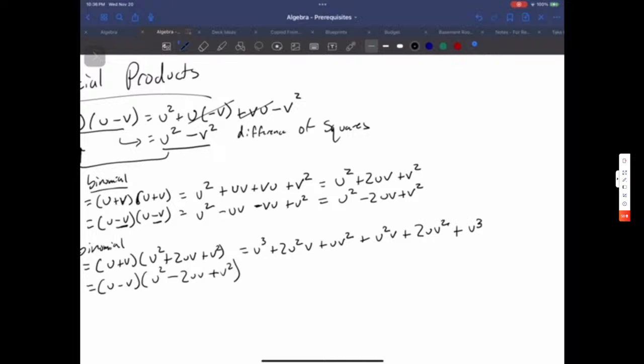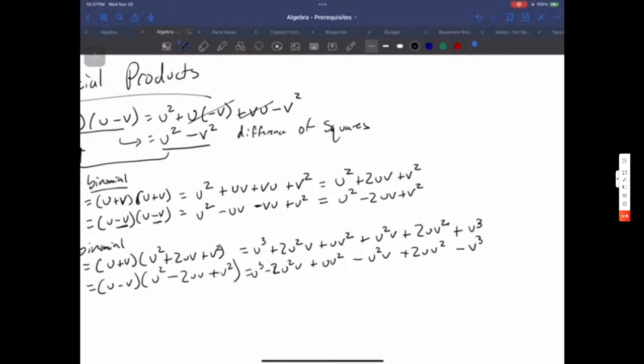Similarly, you have down here u cubed minus 2u squared v plus uv squared minus u squared v plus 2uv squared minus v cubed.